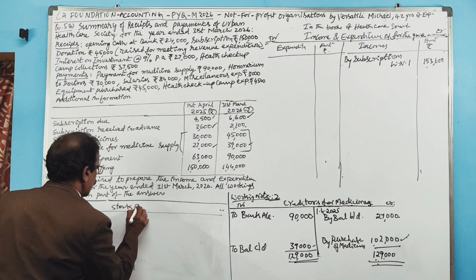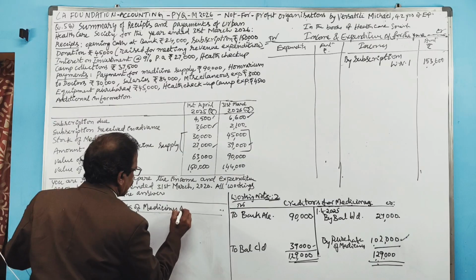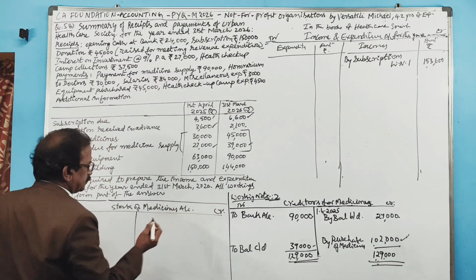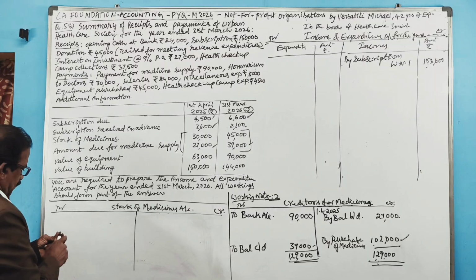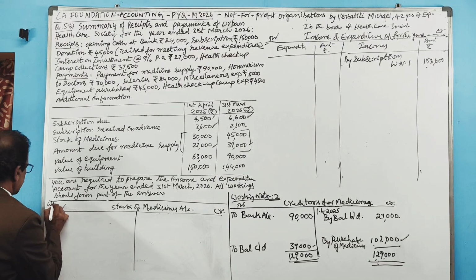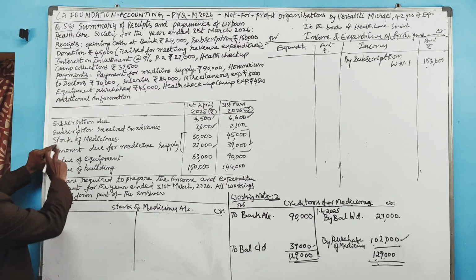Stock of medicines account. Debit, credit. This is working note 3. What you have to write?